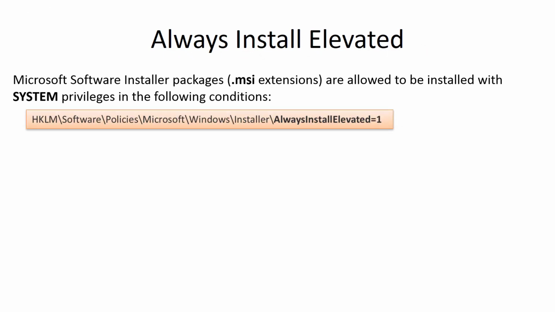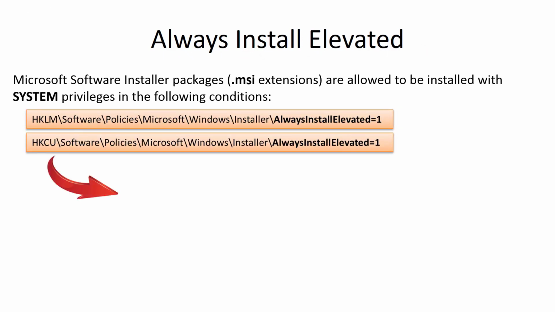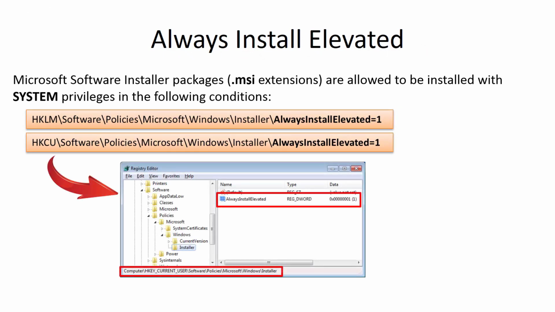The next method is based on registry settings. Normally, due to security policy, program installation is forbidden for standard users, but domain administrators can allow installation of Windows products which are provided with Microsoft Software Installer packages. These files have the MSI extension.